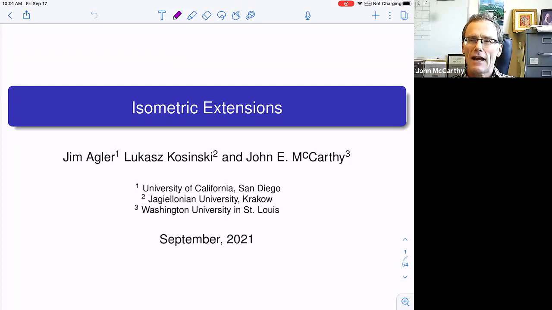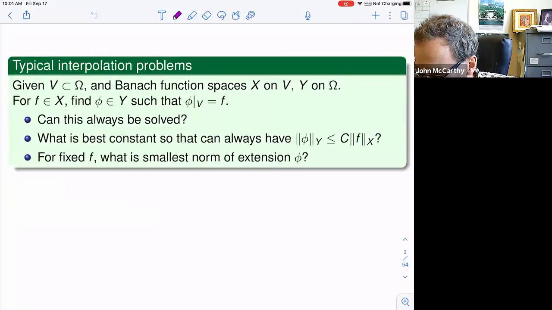So the topic of the week was on interpolation. So how's what I'm going to talk about related to interpolation?